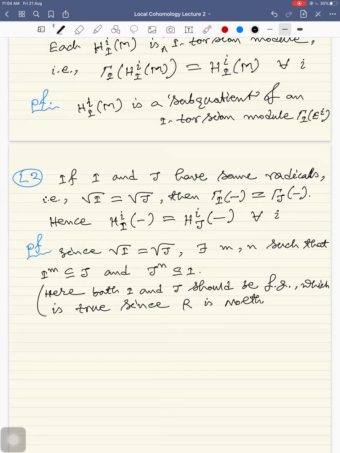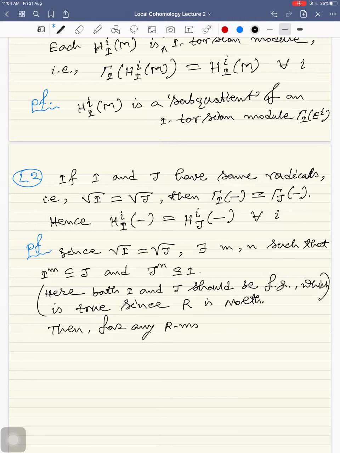So here we need the Noetherianness of R. Since R is Noetherian, both ideals I and J are finitely generated, and if they have the same radicals, then you can prove that there exist two positive integers m and n such that you have these containment relations.